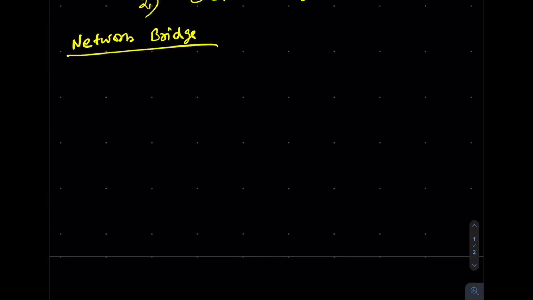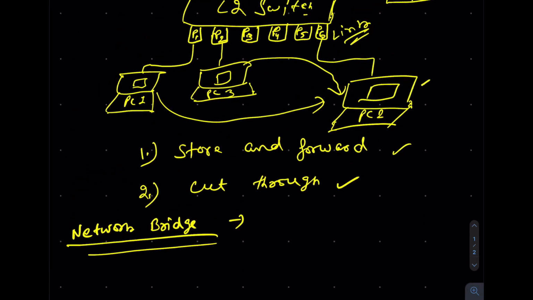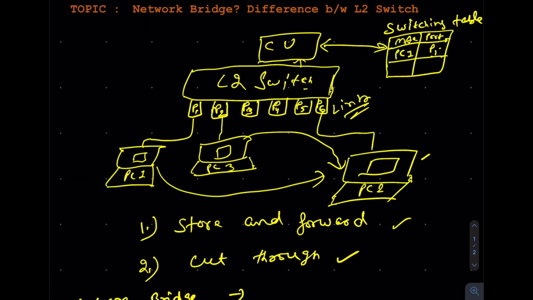How is a network bridge differentiated? Okay, so network bridge is basically... It's not hardware like a switch. A switch is a layer 2 device and it's particular hardware, and a switch can have a lot of ports. If you go by model numbers, many companies make switches.